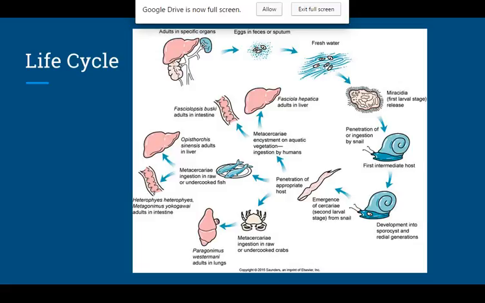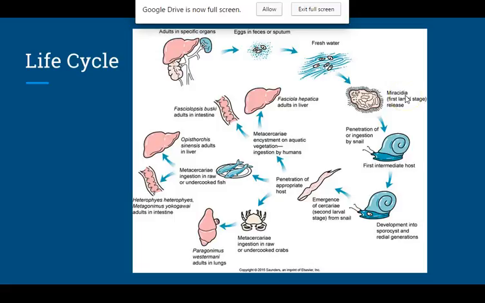Okay, so the life cycle. This is a picture that came out of your book, and let's see where it starts. So these eggs are found in feces or in sputum, and somehow they get into fresh water, and they grow and they start to turn into Miracidium or Miracidia.